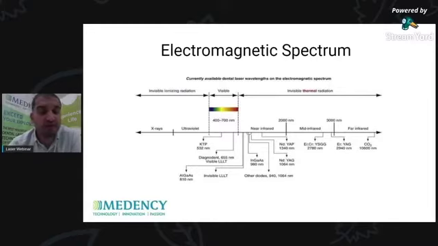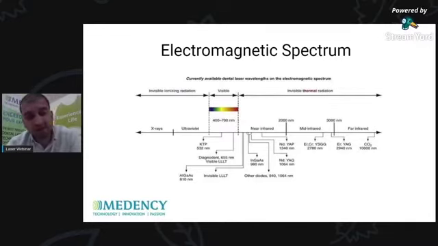Some of the waves can be seen, such as any light we can see, the sunlight. The part that our eyes can see is called visible light, and it ranges from 400 nanometers to 700 nanometers. Anything else, increasing or decreasing from the visible light range, our eyes can't see. So what we can say from this slide is that laser is a non-visible light.